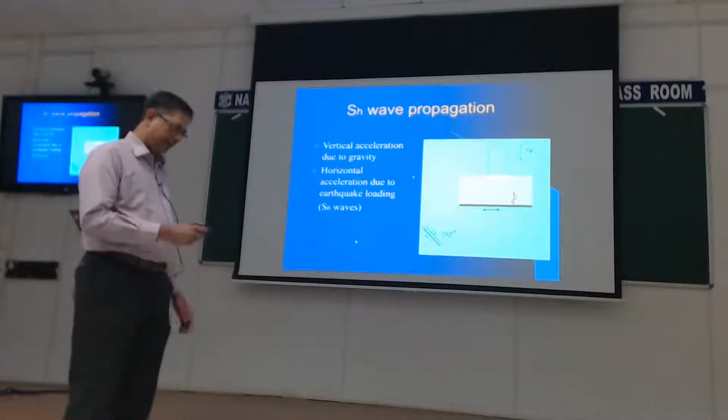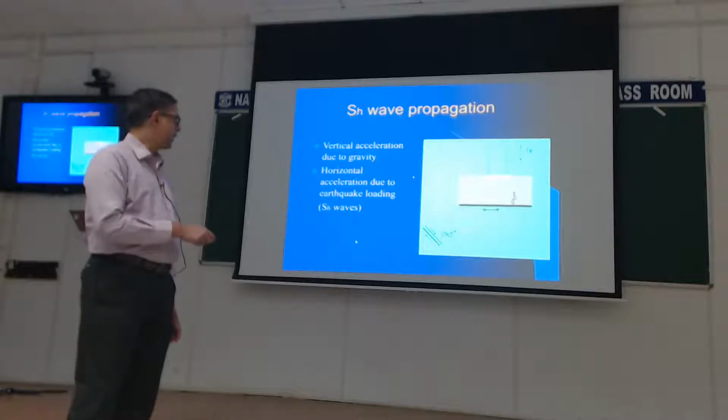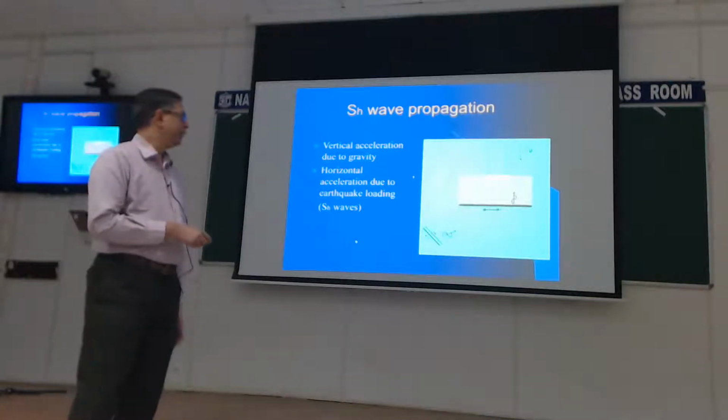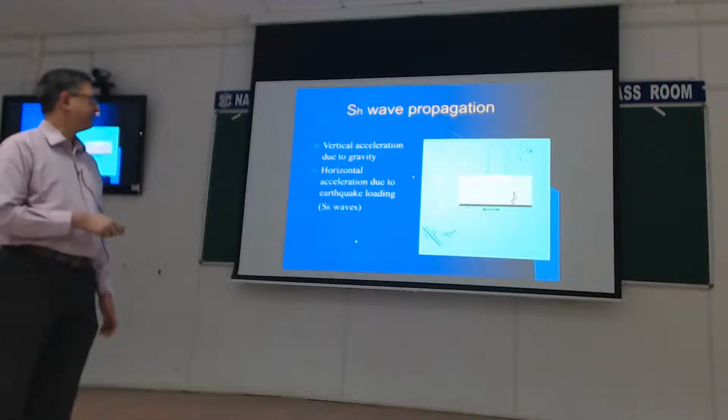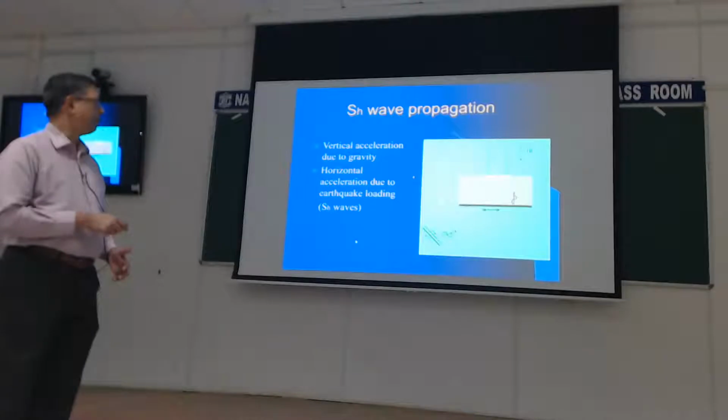Okay, and from the bedrock here, so these waves arrive, and every point here is shaking in the horizontal direction. The biggest damage we worry about is the propagation of what we call the SH waves, the horizontally polarized shear waves, which propagate upwards.